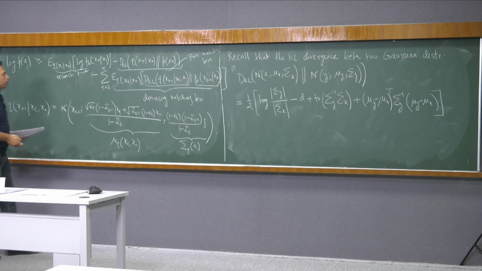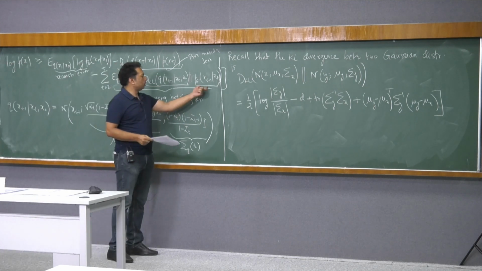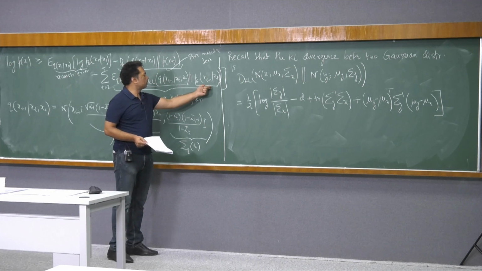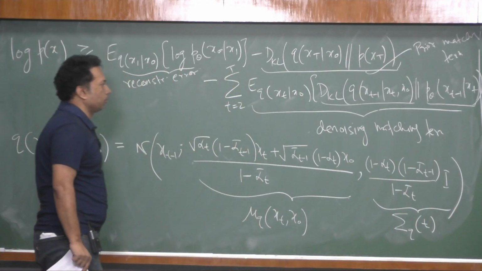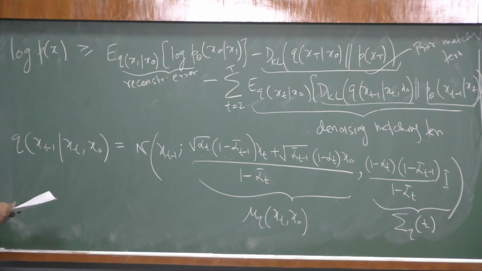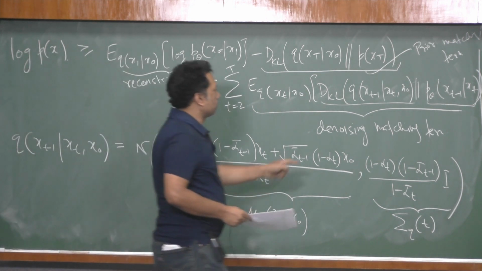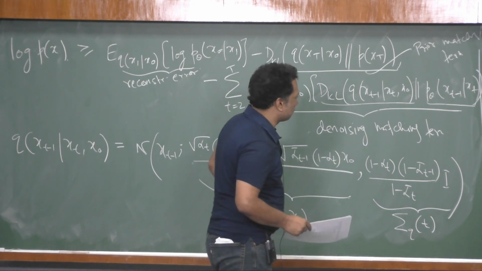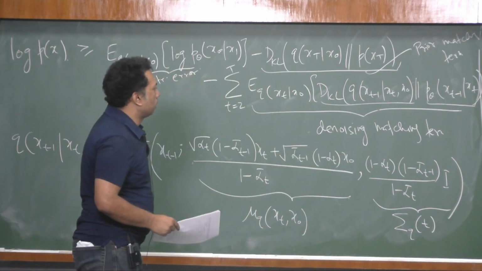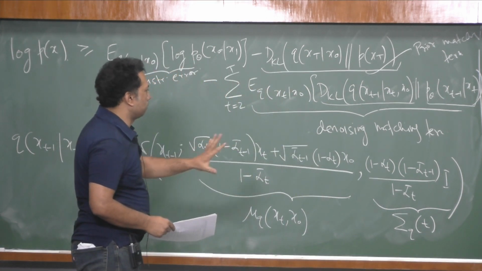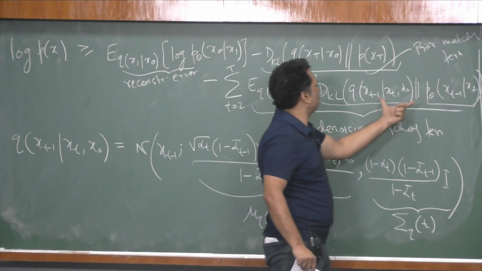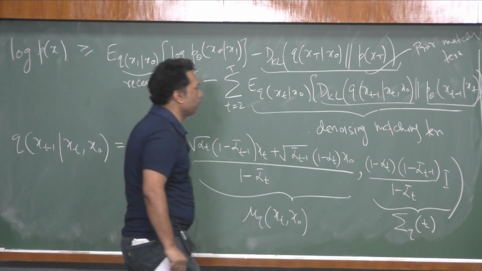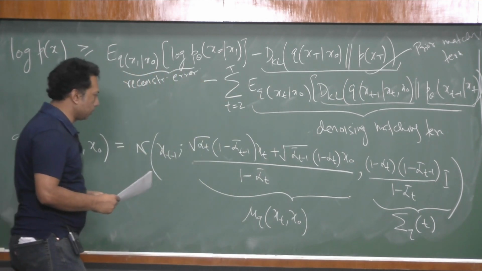So what we do is we say that the variance of this matches the variance of q. That's something we impose. So let's say the variance of p theta is equal to the variance of q of x t minus 1 given x t, x naught. If we do that, then the variance term is out of the picture, and the differences will be with the means here.